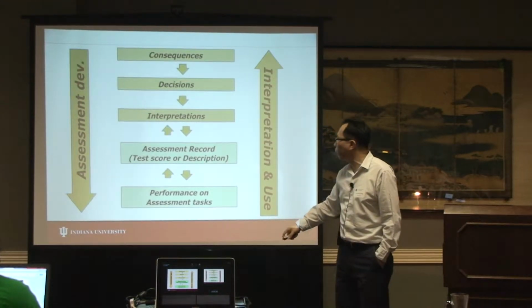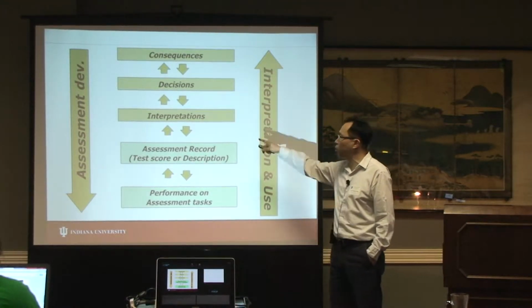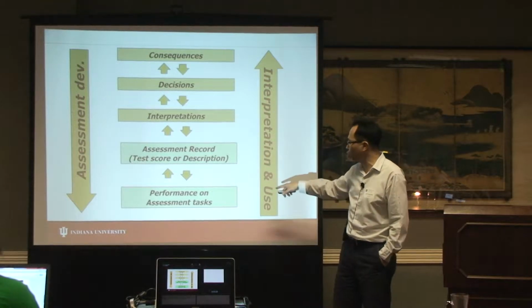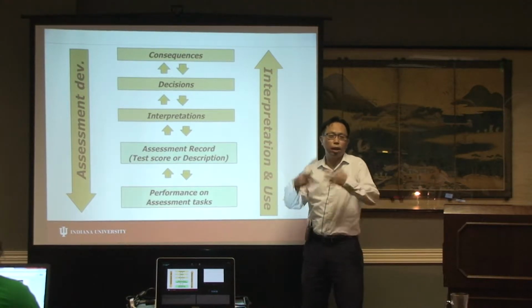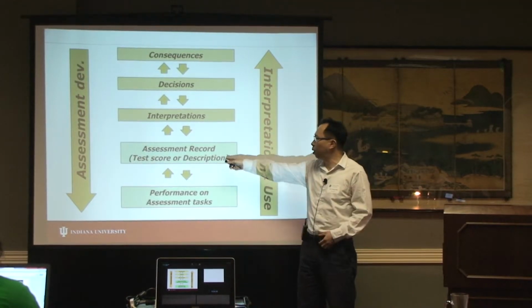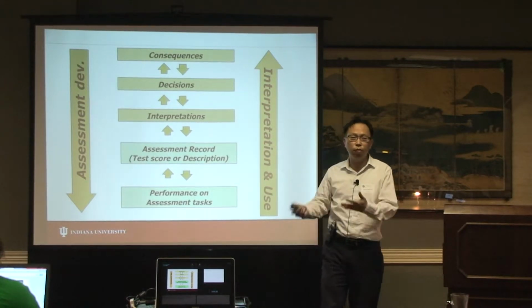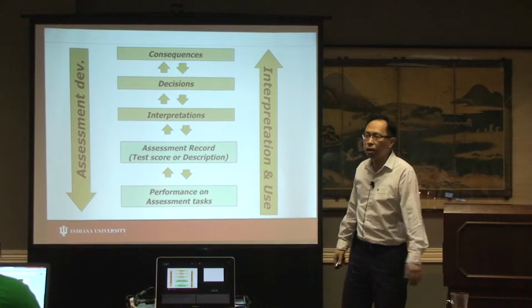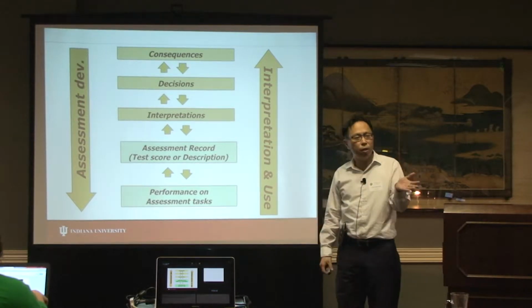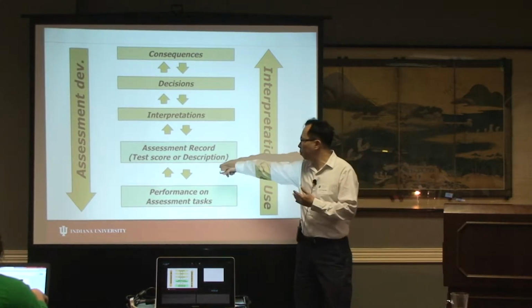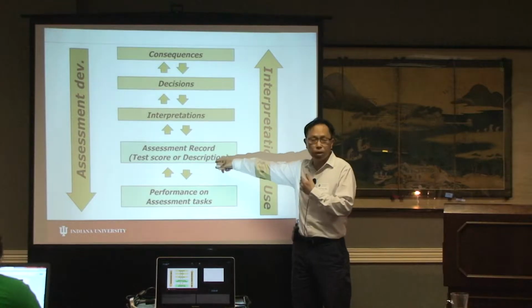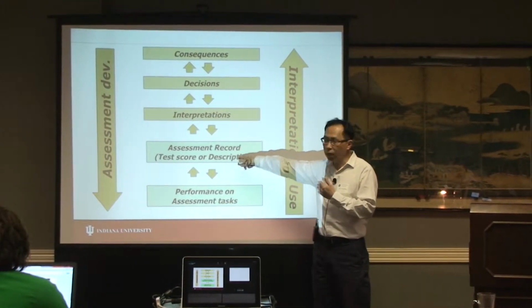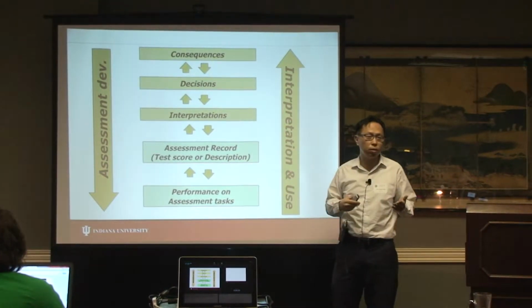And the opposite way is how we interpret and use our test scores, right? Students perform an assessment task like an oral interview, and then we make a judgment about their performance. Hey, I think you're novice high, I think you're intermediate low. So we assign some scores to them, and based on the scores, we make interpretations, right?